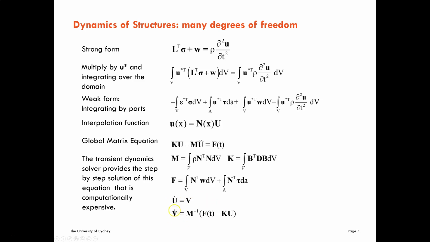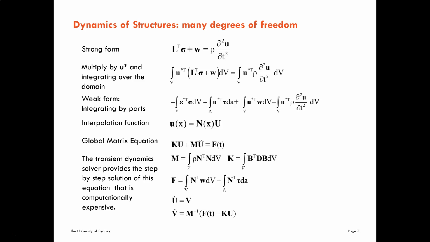So you can integrate this step by step, as we did with the transient dynamic thermal solver, and we are going to need some boundary conditions. We will need the displacements and the velocities at time equal to 0.